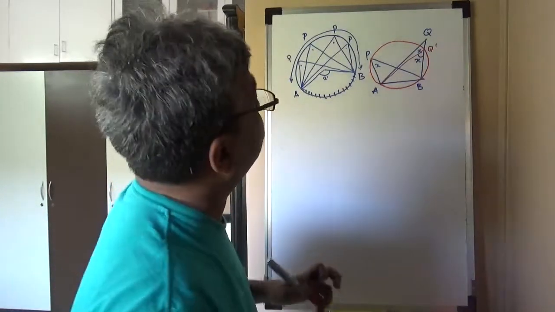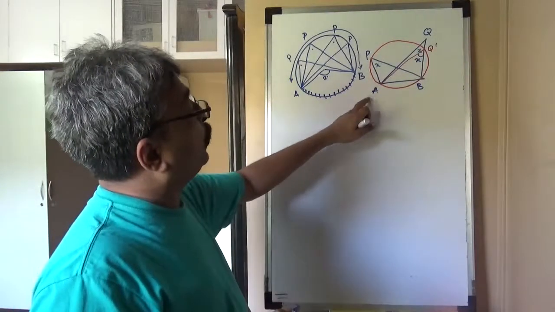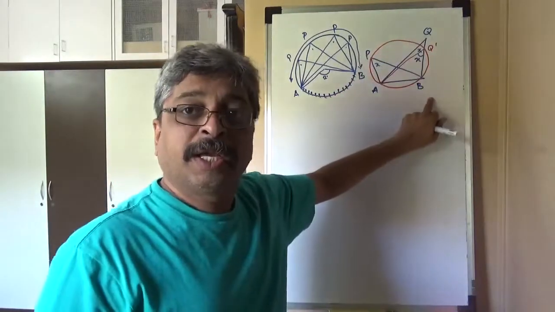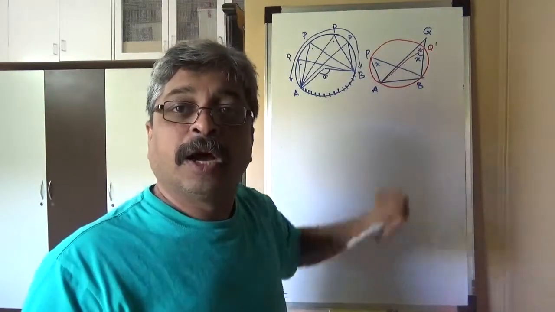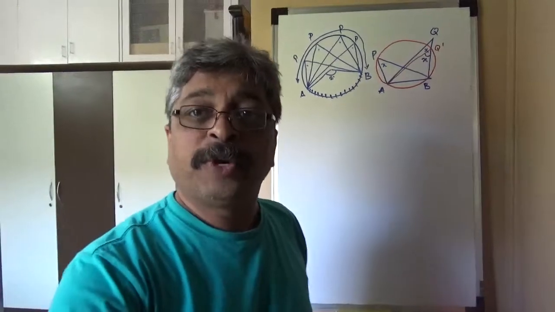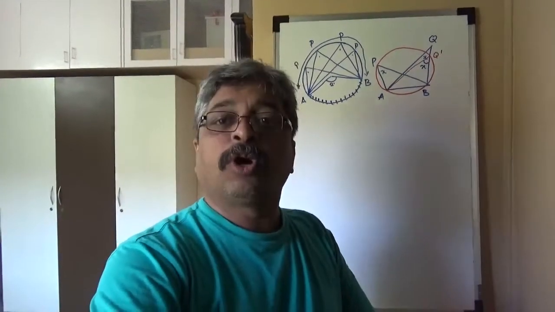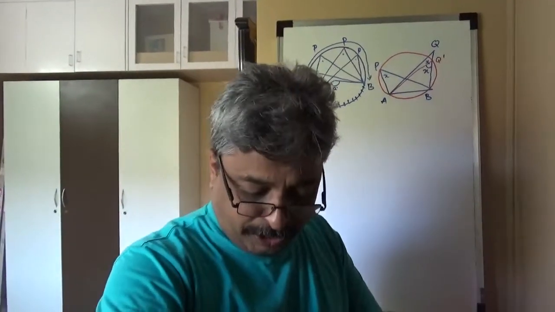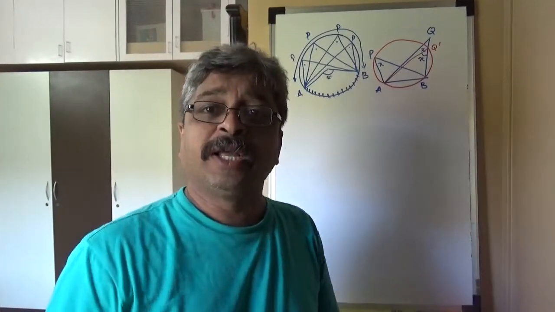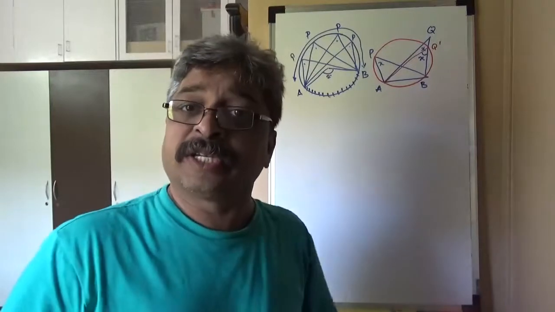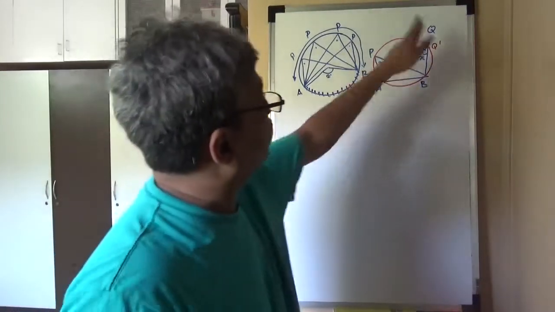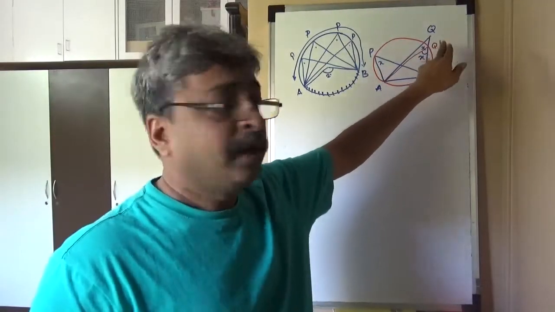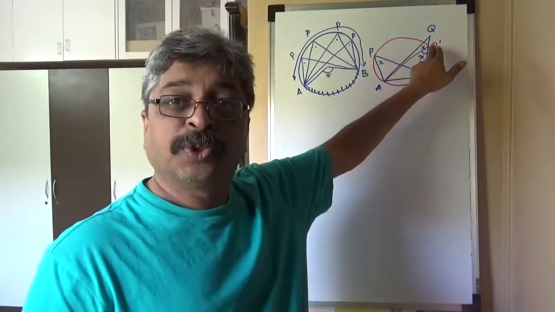Okay, understand this proof. We want to prove A, P, Q, B are on one circle. However, we cannot prove it directly, and therefore we are doing an indirect proof and saying that we draw a circle and, if possible, Q is not on the circle. Then the circle intersects QB at some other point, maybe at Q' as I have shown.